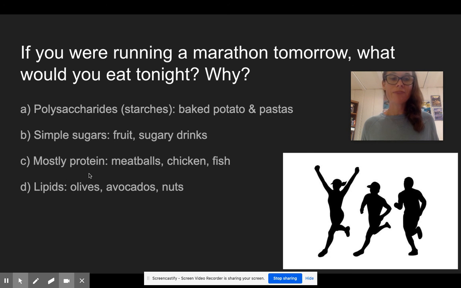Would you want to have mostly proteins like meatballs, chicken, and fish, or beans? Or would you want to eat mostly lipids, olives, avocados, and nuts? So hopefully you have the information that you need now to figure out what you should be eating when you need sustained energy for something like a marathon.